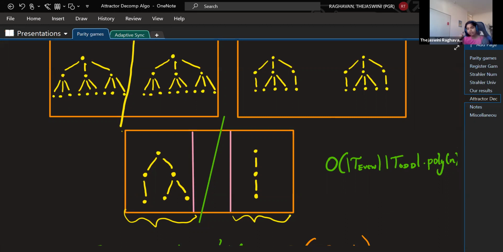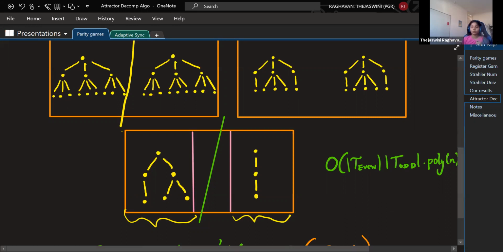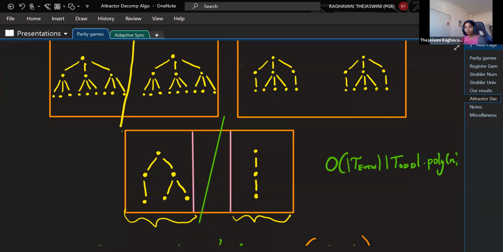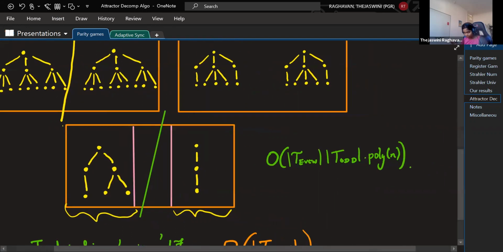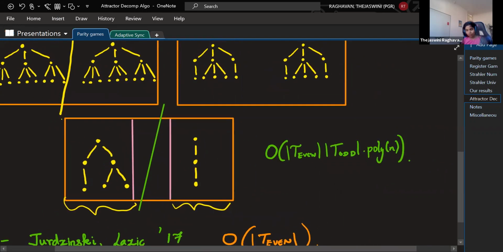But we don't know where exactly this partition would lie, which is where the problem is, because if you don't give universal trees, there will be some games for which this gives you the wrong division between even and odd. But if you are able to guarantee that your input trees can contain the trees of this game, then your algorithm would run correctly. And this runs in time product of two trees times polynomial in n.